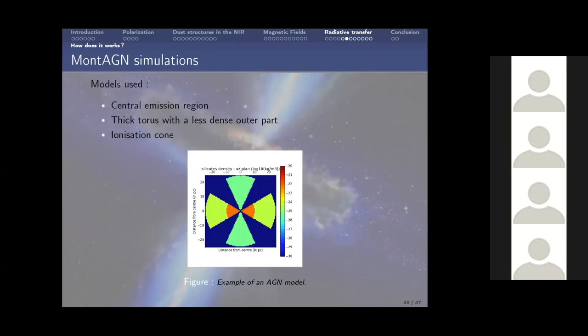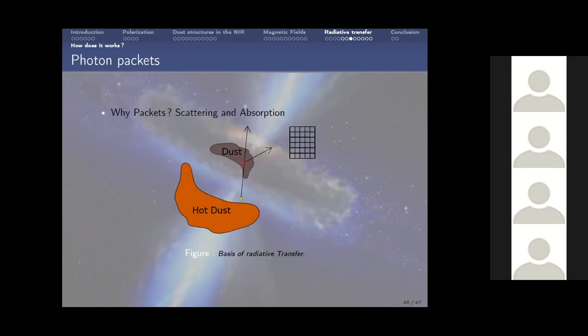That allows us to have the dust densities, and you can change between the different species. But more interestingly, if you use one photon, it gets absorbed or not, or it gets scattered, but then it's pretty inefficient, because you have to do that a huge number of times to have a decent signal in the end.